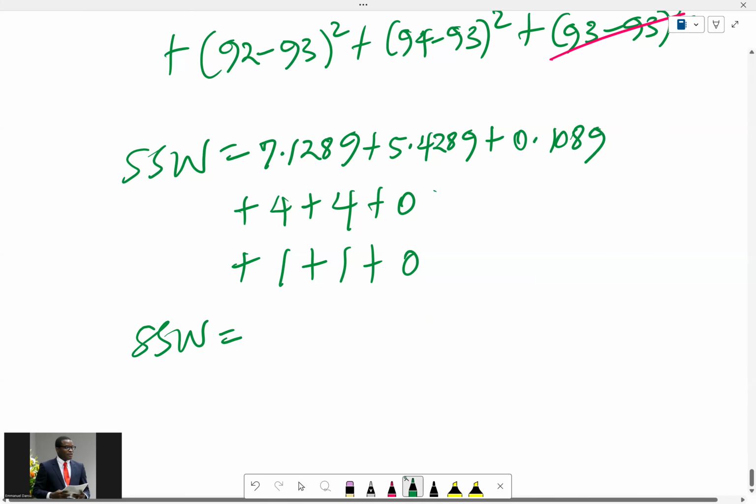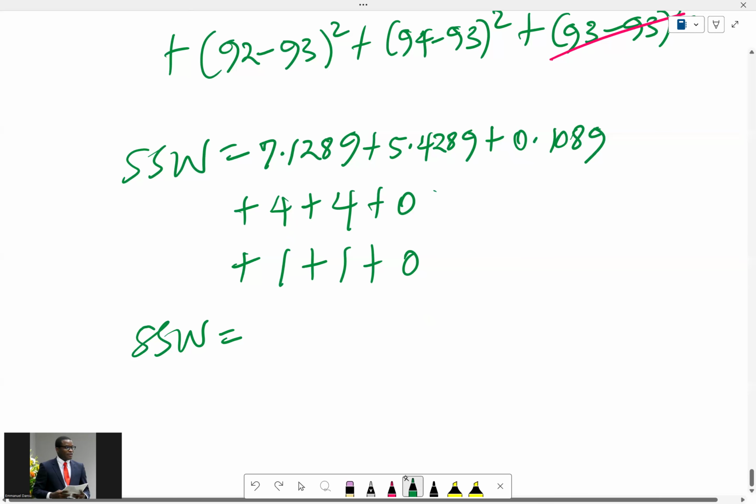So we have SSW now to be 7.1289 plus 5.4289 plus 0.1089, then plus 4 plus 4 is 8, plus 1 plus 1 is 2, that's 10.